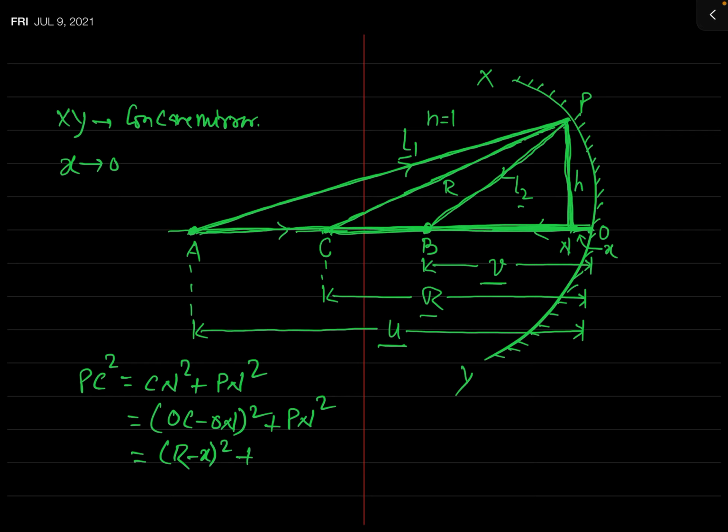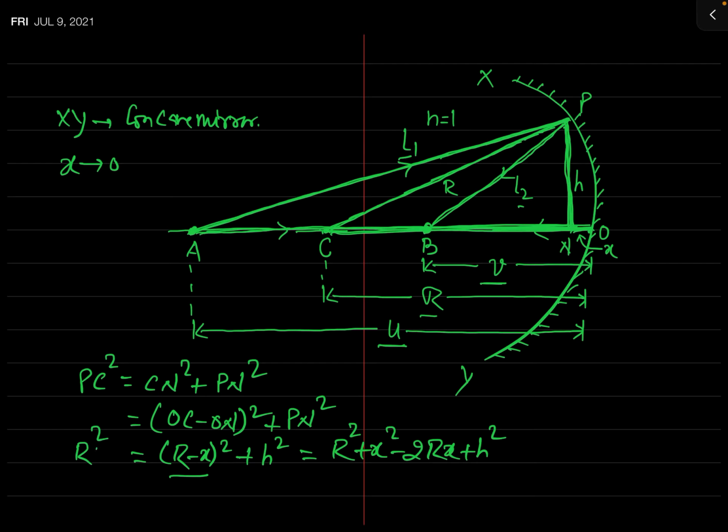And plus Pn square, you can see this Pn is H. Actually, we have assumed it H. So this is H square. And let us simplify this on the basis of the formula of A minus B whole square. This will be R square plus X square minus 2Rx plus H square. And PC square means what? PC square means R square.